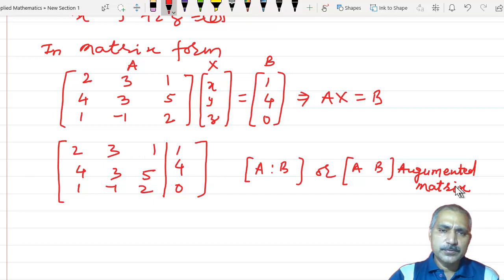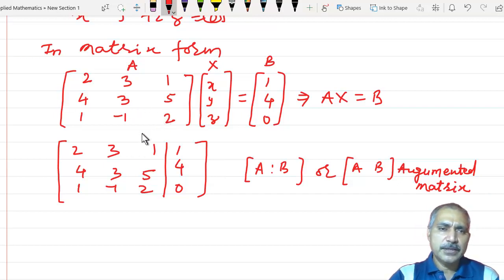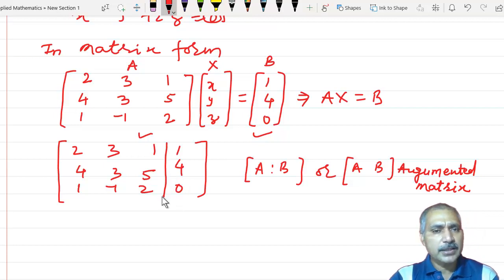We just need to remember that when we take the coefficient matrix of the equations and the right side, taking the right side as the last column of the matrix, separated by a straight line or a dotted line, we call that an augmented matrix. So we will be using this augmented matrix while solving systems of equations.